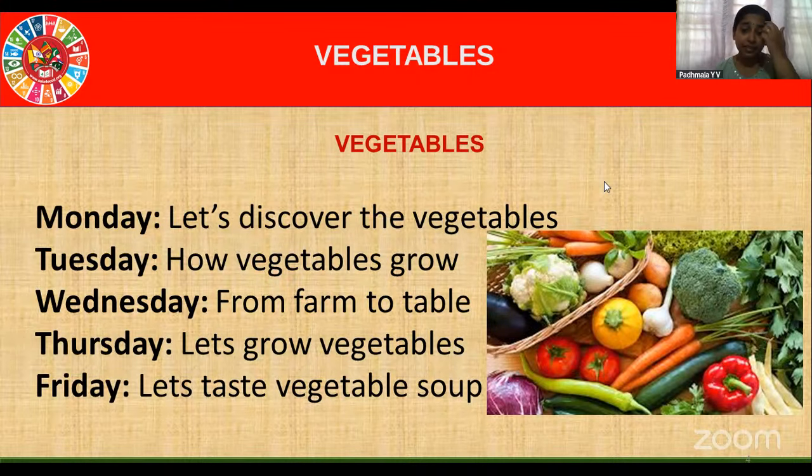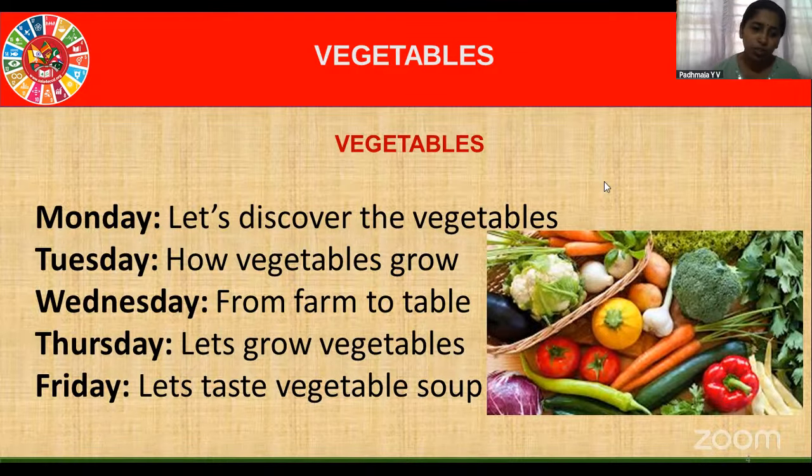Then, let's grow vegetables. On Tuesday, how vegetables grow, and on Thursday, let's grow vegetables. What we can do is plant a small sapling or seeds, and we can do the same thing on Thursday too.